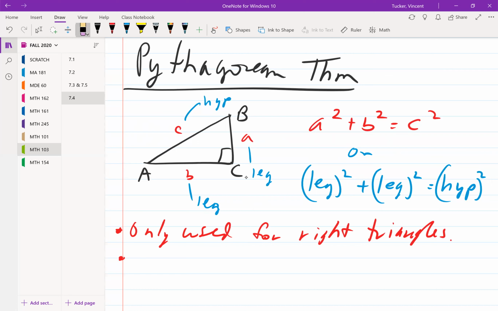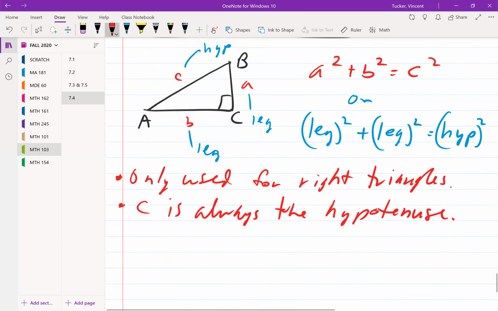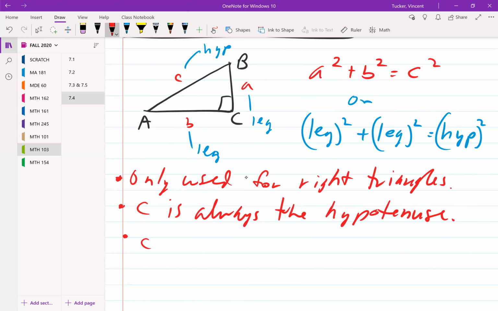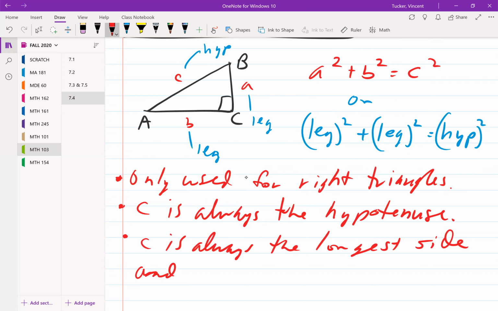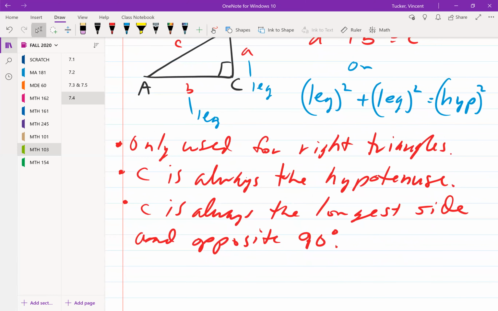C is always the hypotenuse. C is always the longest side and opposite 90 degrees.